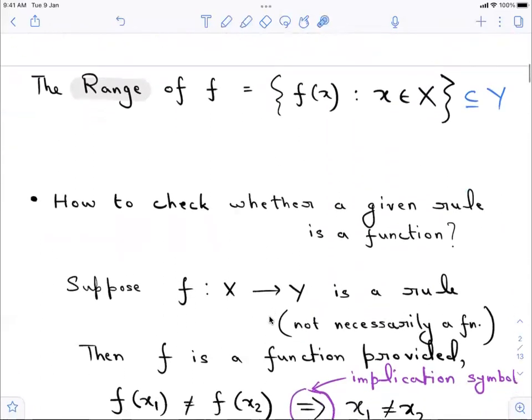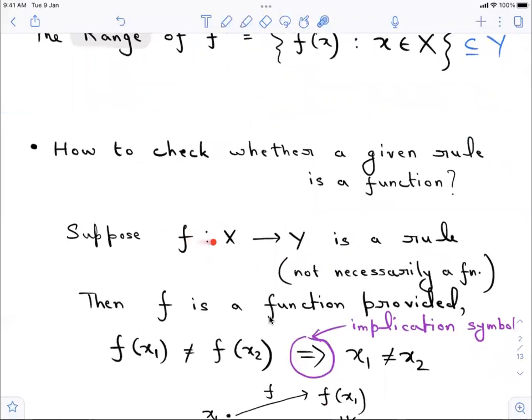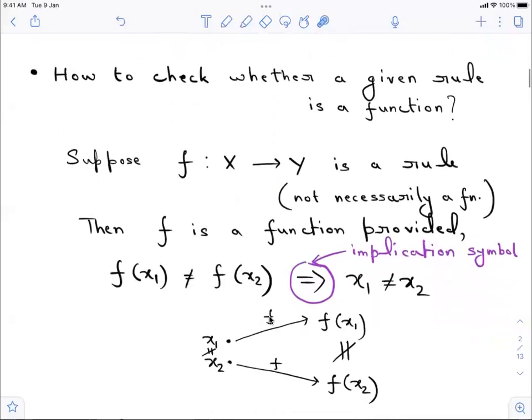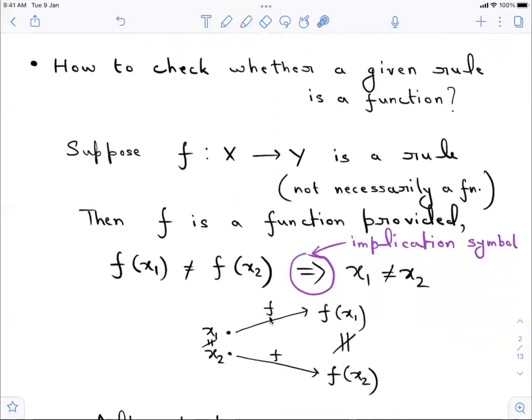But by abuse of notation, I'm just saying that this is a rule and we do not know for sure whether it's a function or not. So how to check if it's a function? It's pretty simple. You look at two distinct image points. And if f of x1 is not equal to f of x2, so two distinct image points, then this should imply x1 is not equal to x2.